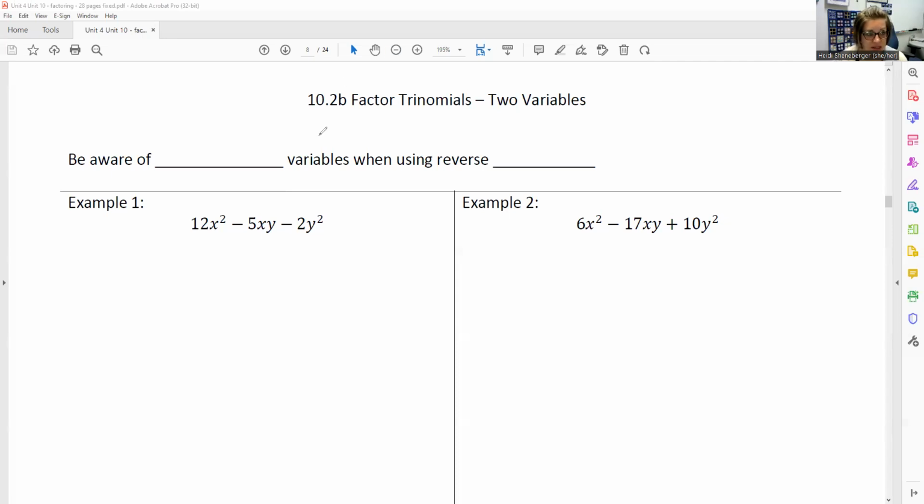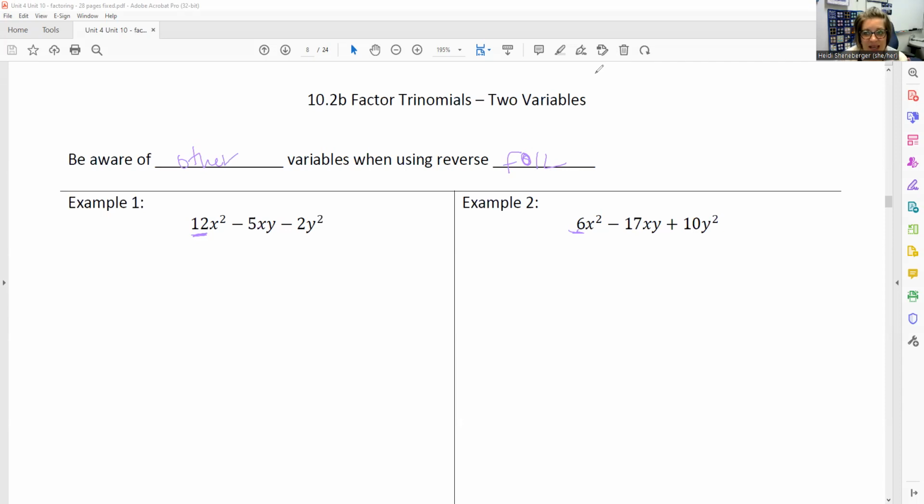I don't remember what they say up here, so just be aware of other variables, I think is what they were saying up here when using reverse FOIL. I always prefer, when there is a coefficient in front of that first term in a trinomial, to group.